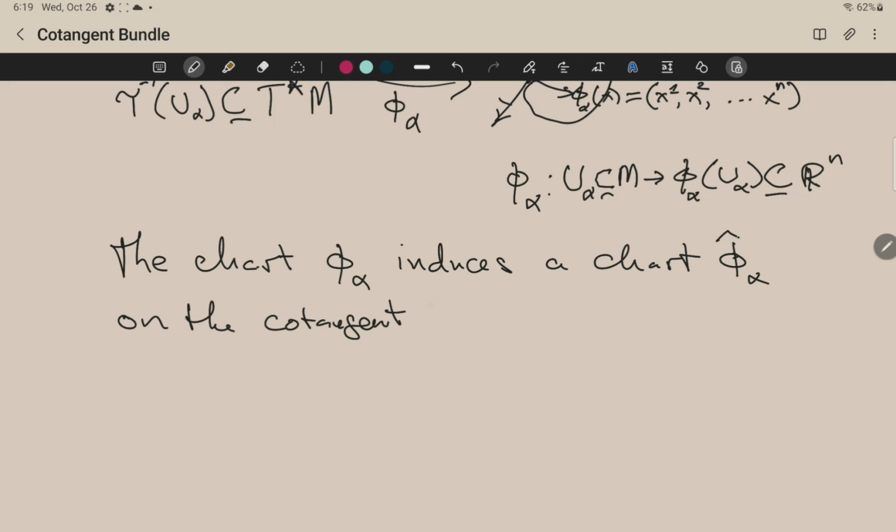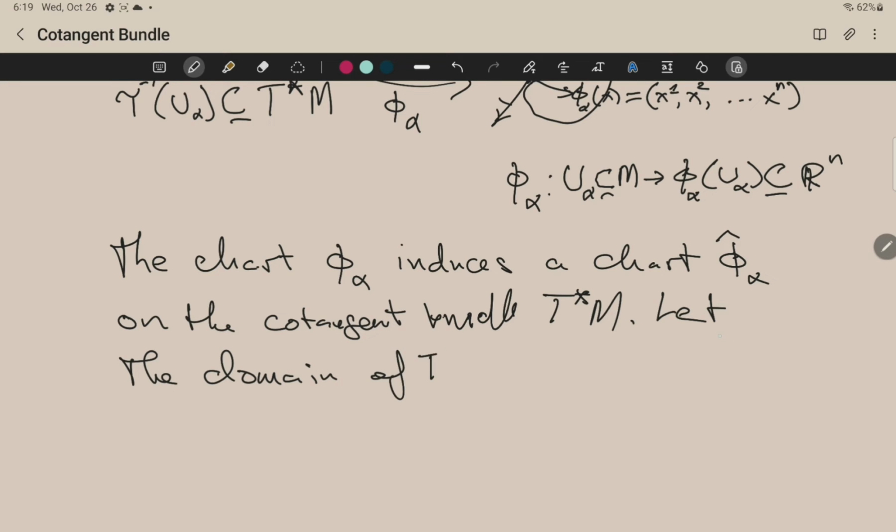So let's put a label, hat. Whenever you see the hat, it just means it refers to the cotangent bundle in this case. So if you take the inverse tau of the U of alpha, then you get the domain of the cotangent bundle.